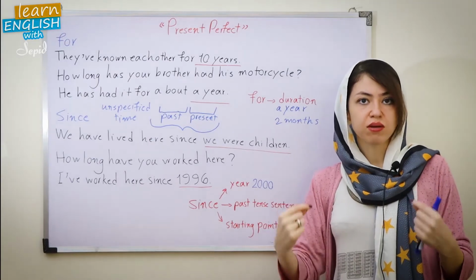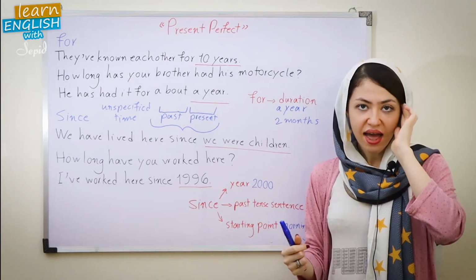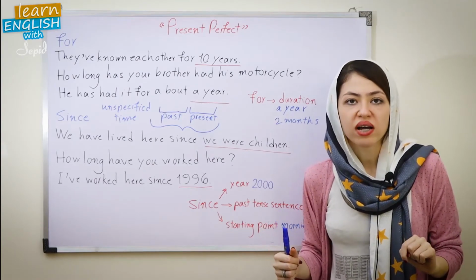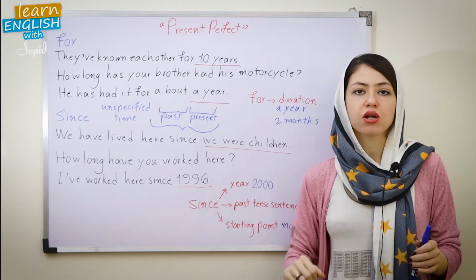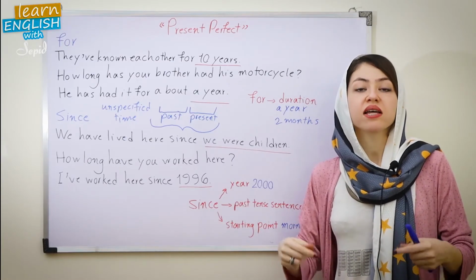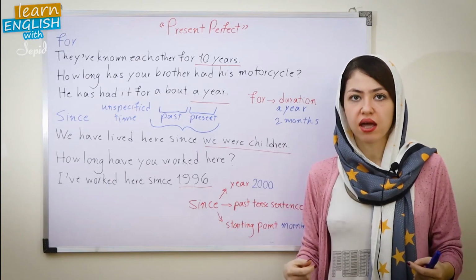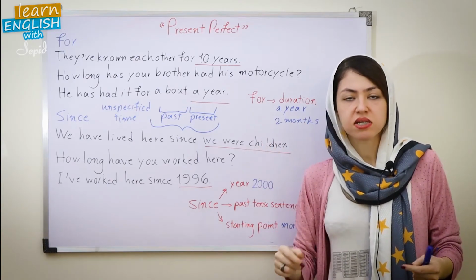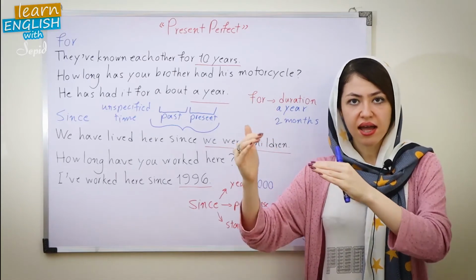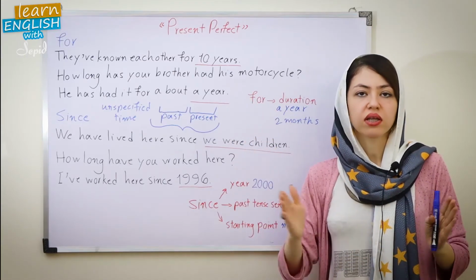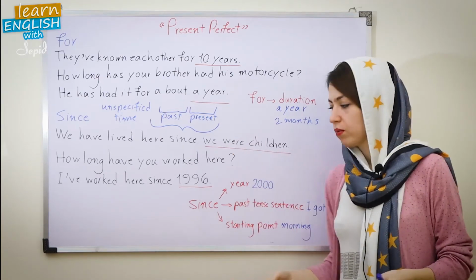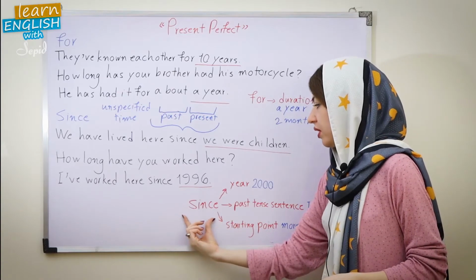See, for instance, in my example, I have lived here since I was 3 years old. So the past tense sentence shows the starting point, okay? But the present perfect sentence shows that this action started and till now, this is true, okay? It's the kind of fact that continues till now. So let's see.